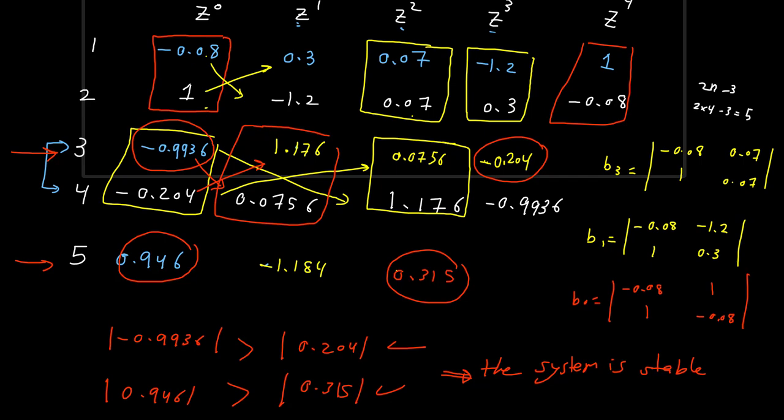Let's take another example. Let's assume that the characteristic equation is given as z to the power 3 minus 1.3 z square minus 0.08 z plus 0.24 equal to 0, and we need to check the stability.